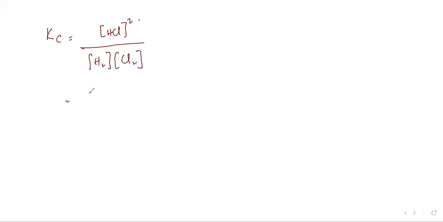So this becomes 0.33 is the concentration of this, power 2, over 0.67 power 1, and 0.83 power 1. You don't need to write power 1. So please calculate this.